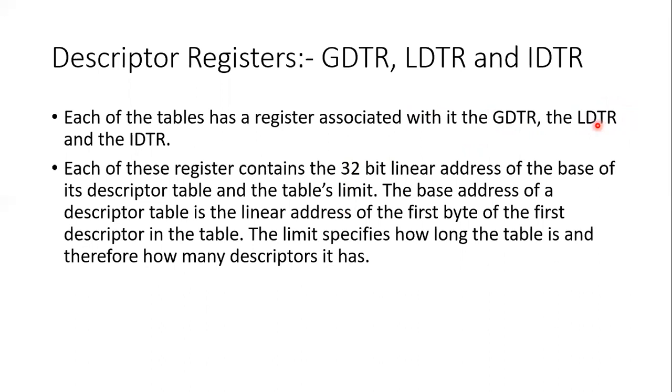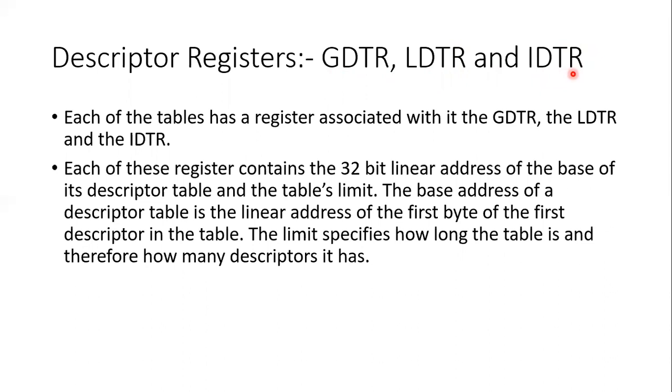And if a register is associated with the IDT, Interrupt Descriptor Table, then the register itself is termed IDTR, Interrupt Descriptor Table Register. So just add the letter R when you are using the register word. So it is GDTR, LDTR, and IDTR.